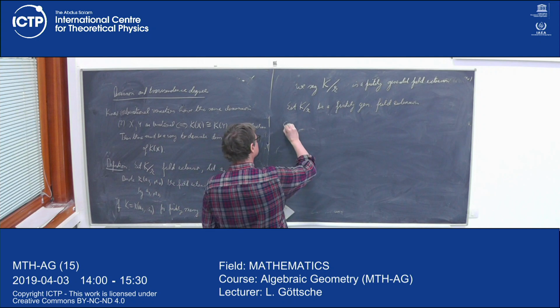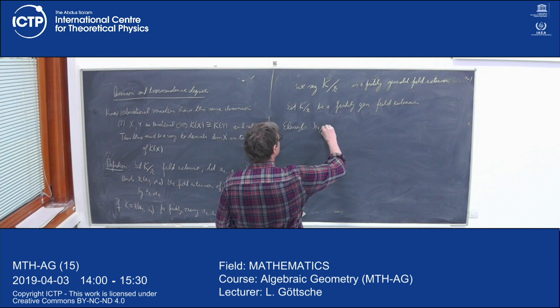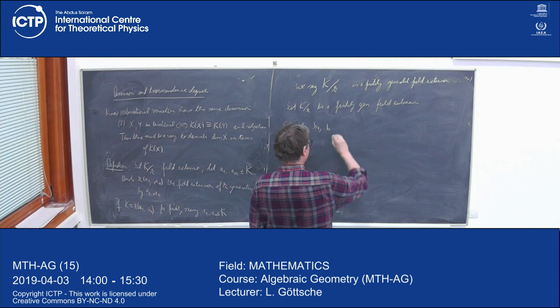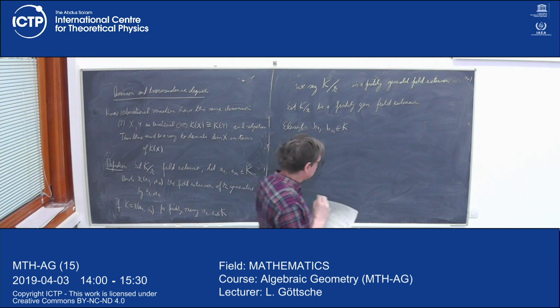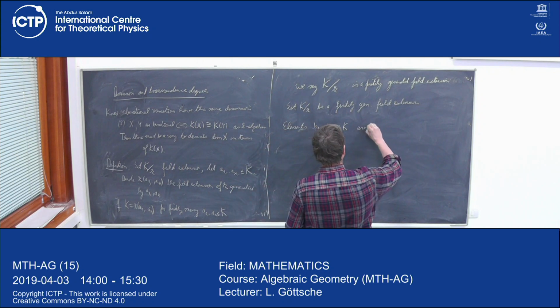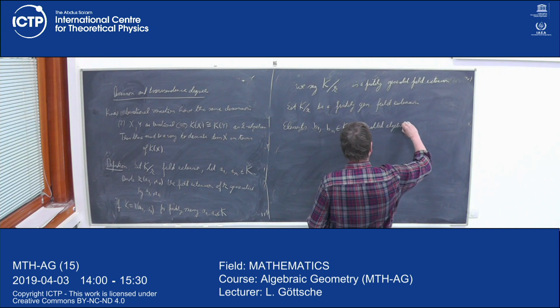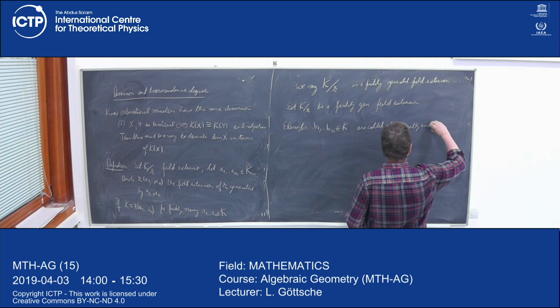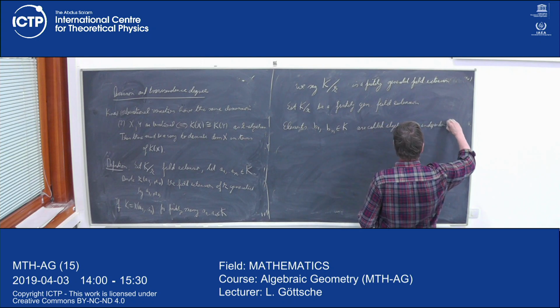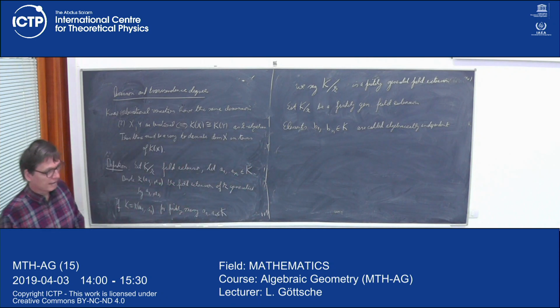So elements, we'll call them now b1 to bn, in K will be called algebraically independent if they don't satisfy any polynomial relation.